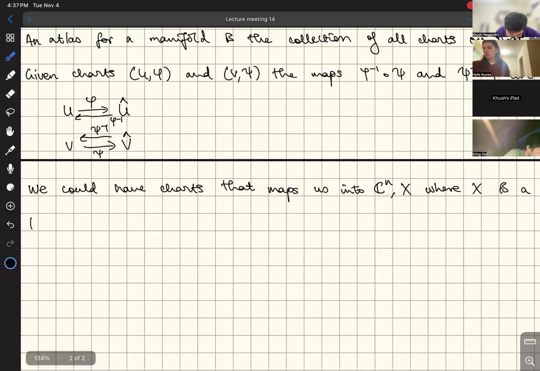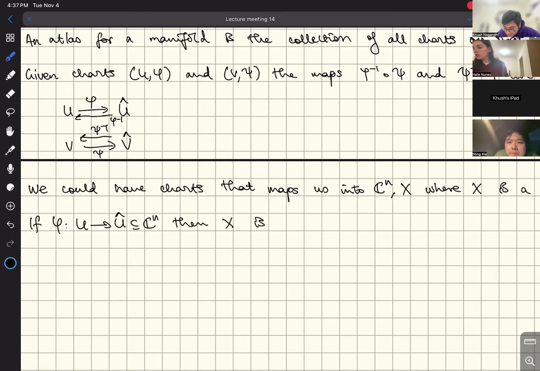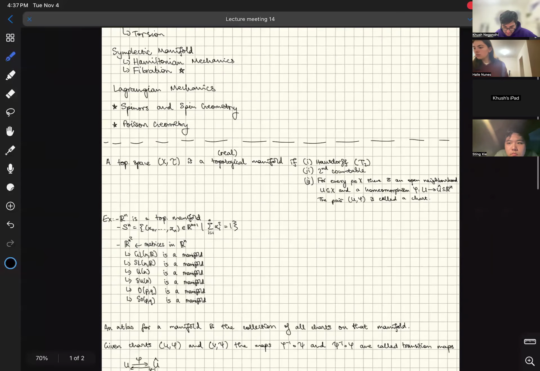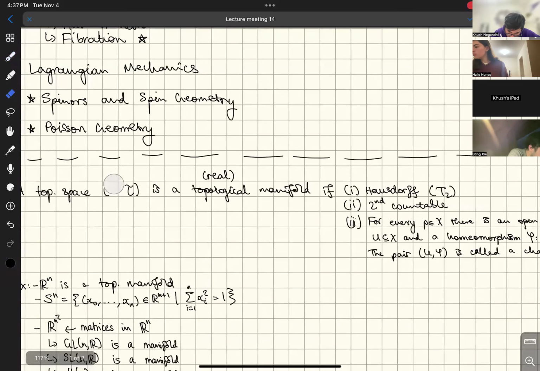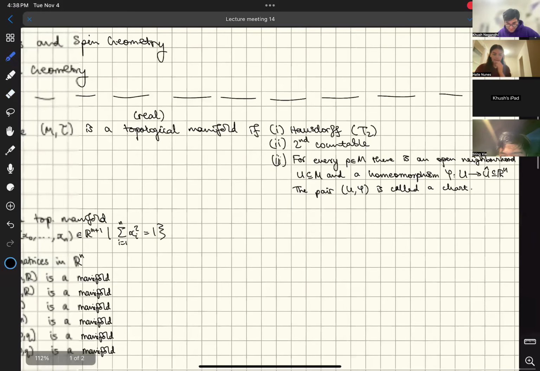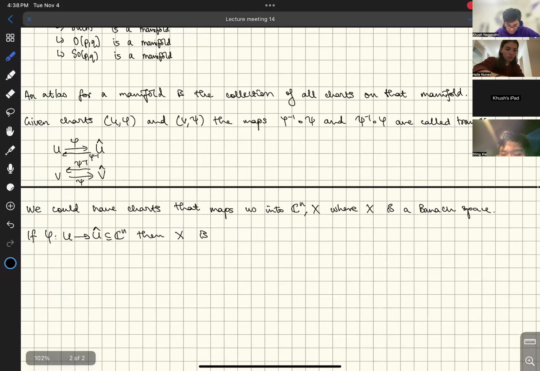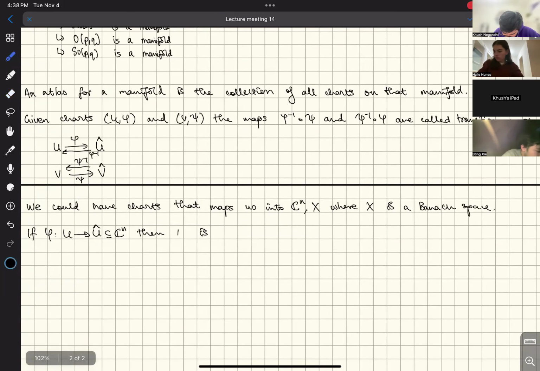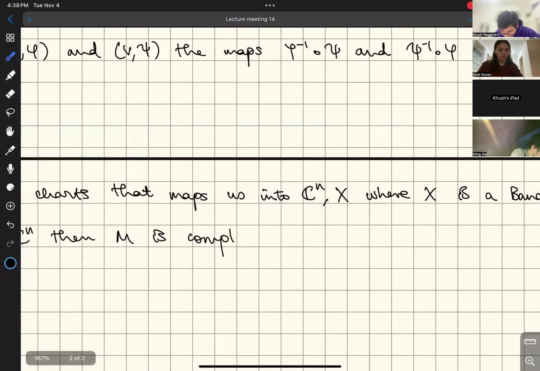If phi is from U into U hat, which is a subset of Cn, then, I chose really bad notation, let me say that this is M, then M is a complex manifold.